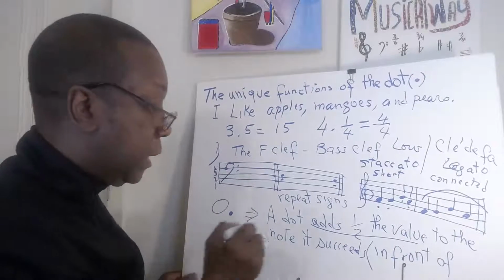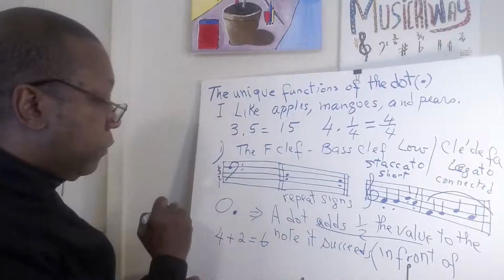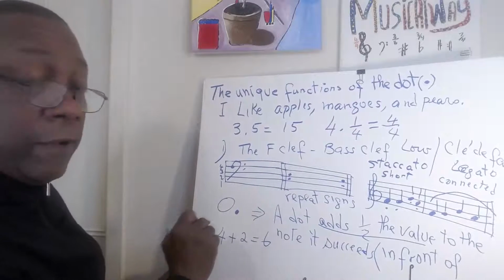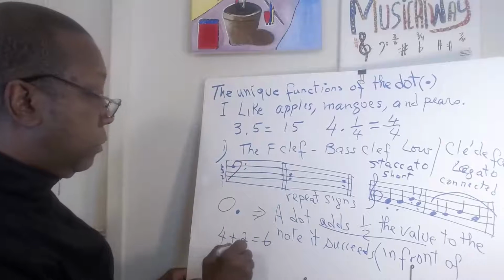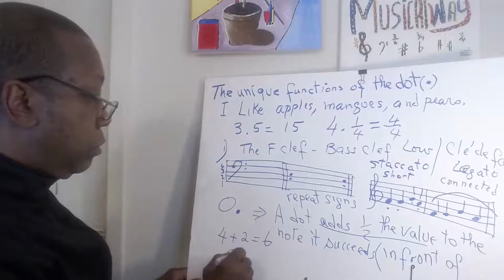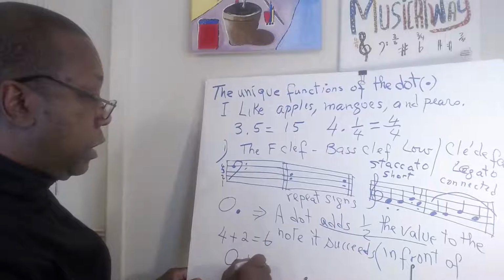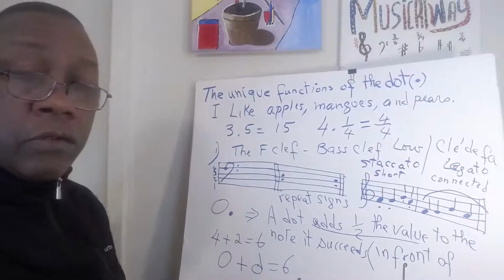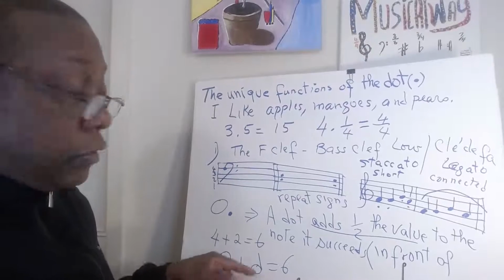So how do I get that? What is half of the whole note? That would be a half note. So I would have a whole plus a half, and I give it a 6. So instead of putting the note, they put the dot.